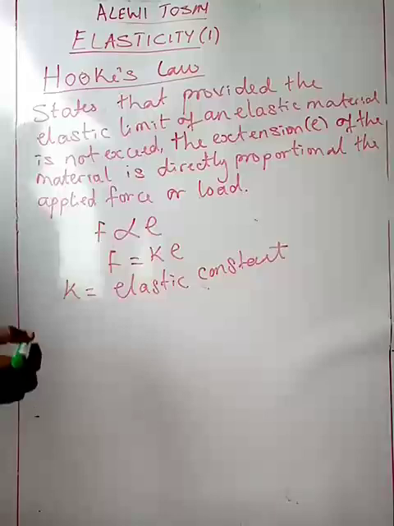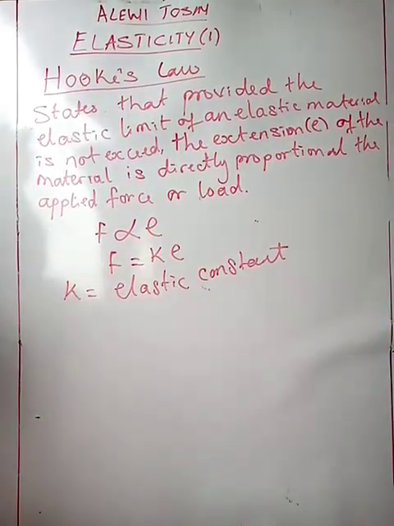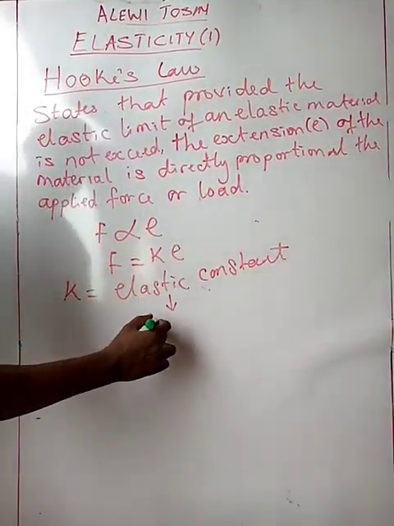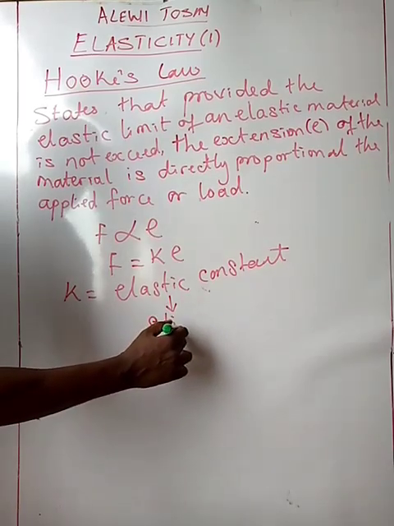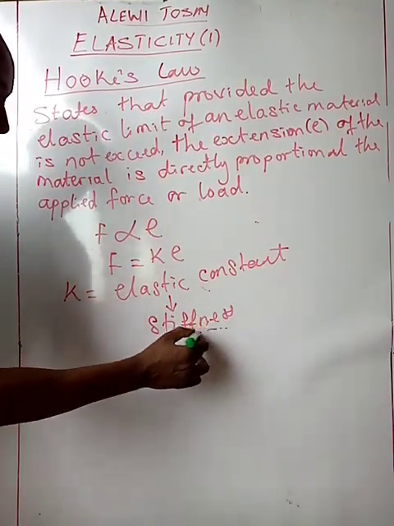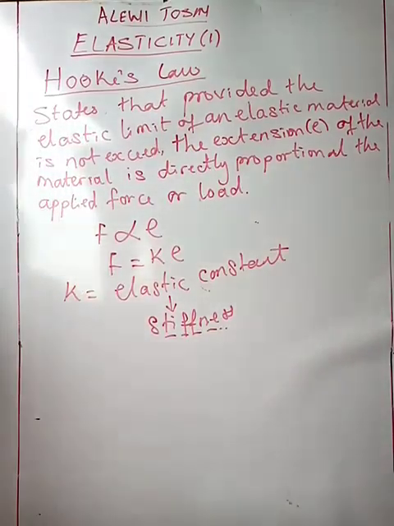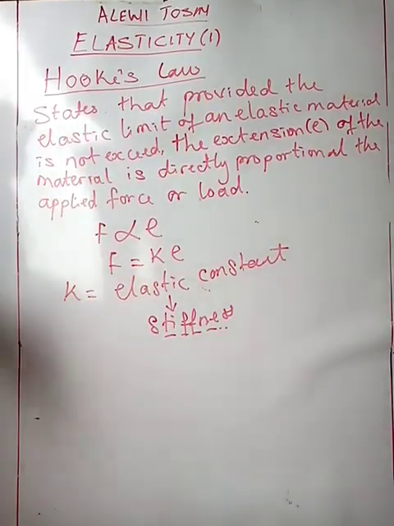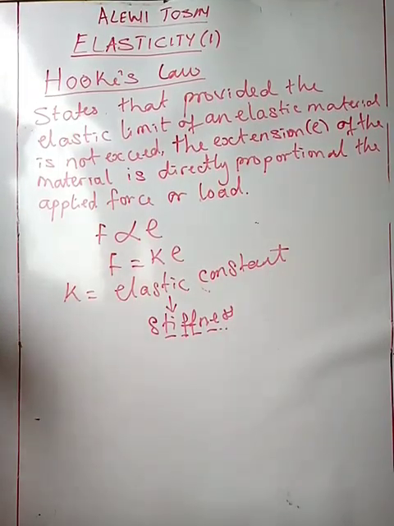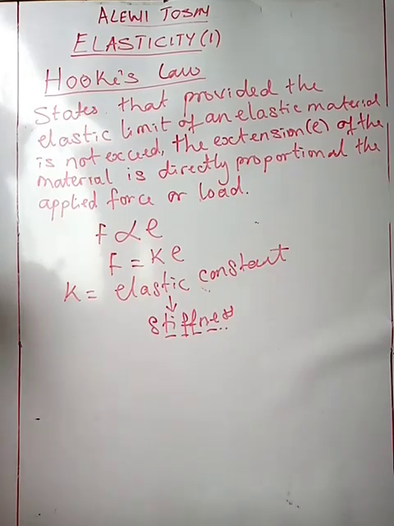The elastic constant can also be referred to as the stiffness of the material in question, because to determine how elastic a substance is, to determine the degree of extension of a substance, this depends on the stiffness of the substance.